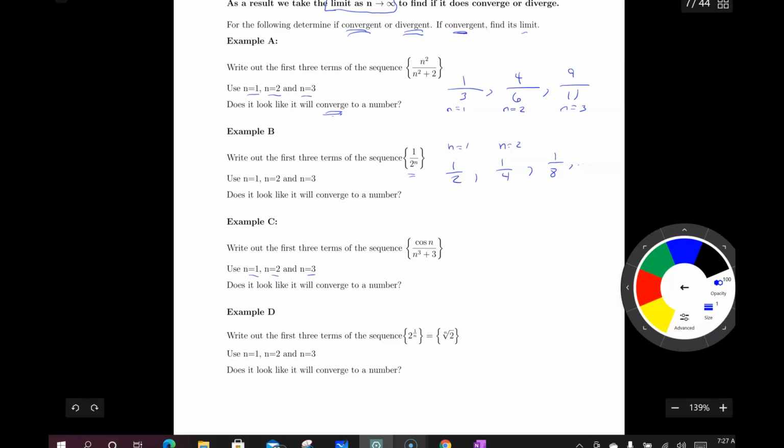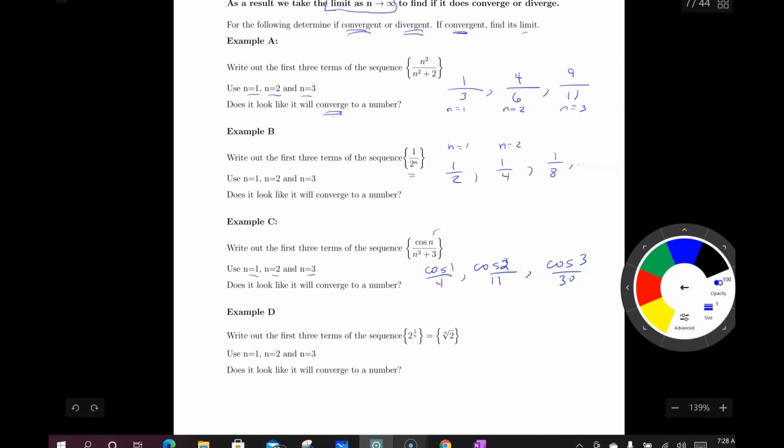If I plug in n equal 1 into the cosine, cosine of 1 is actually a number. So I would get cosine of 1 over 4, then plugging in 2, cosine of 2 over 11, and then cosine of 3 over 30.